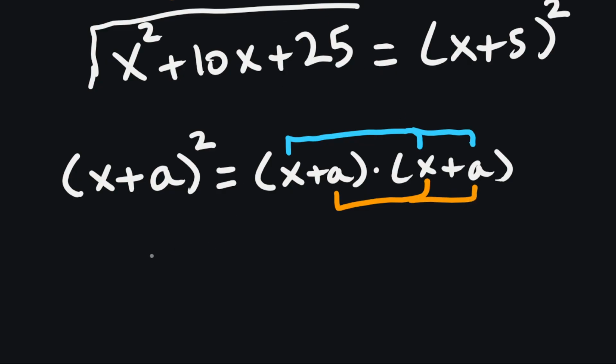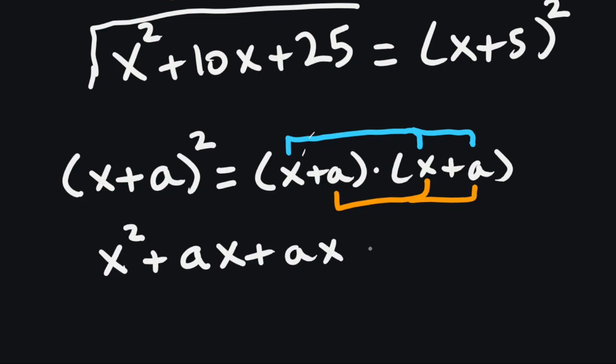So this comes out to x times x is x squared, x times a is positive xa, or this can also be rewritten as ax, since a will be the number. And a times x is also ax.